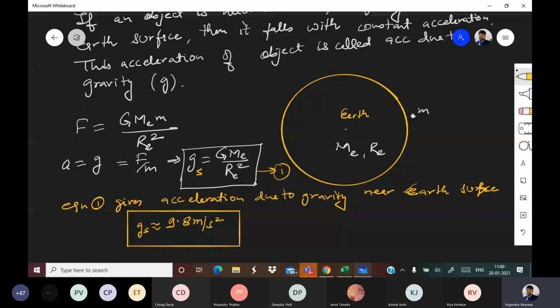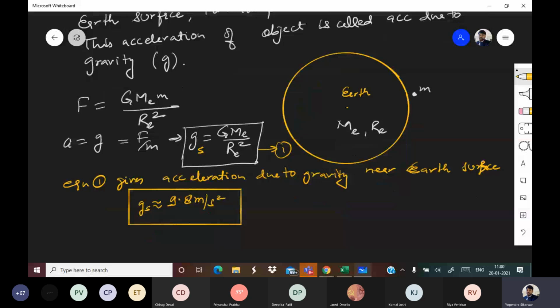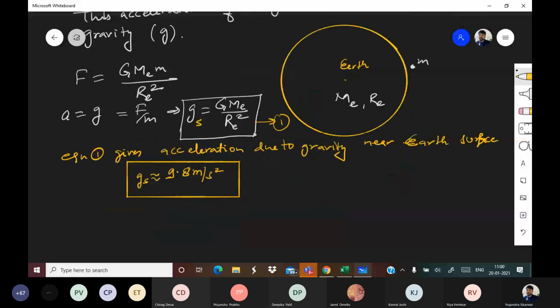Now, if you observe, because you are a smart person, you can see that g_s, acceleration due to gravity on surface, is dependent on capital G, the universal gravitational constant, which is constant, mass of Earth, and radius of Earth. So you can see from the formula that it is not dependent on mass of the falling object, right?